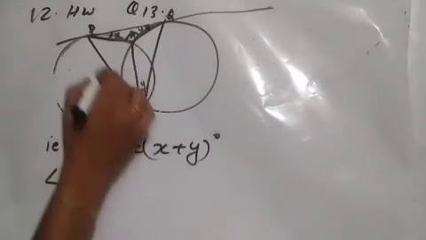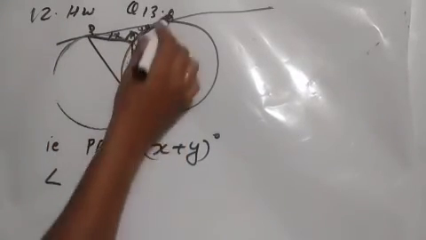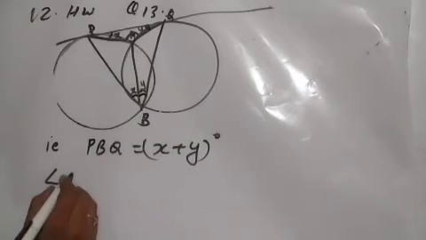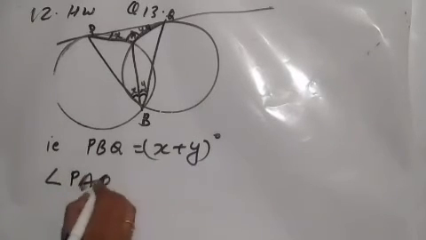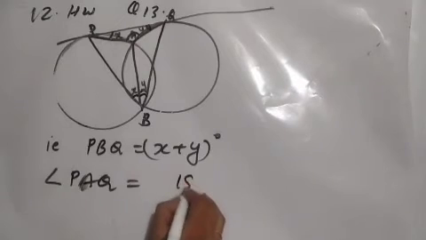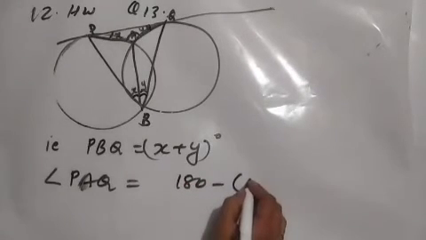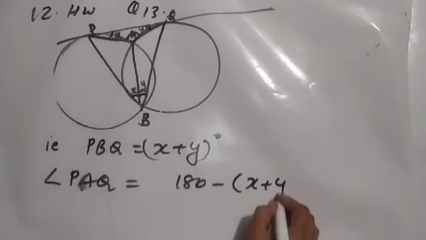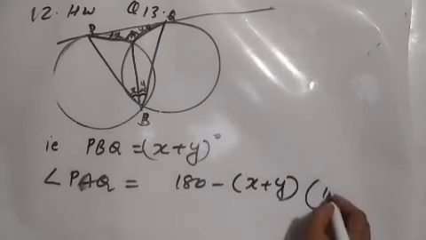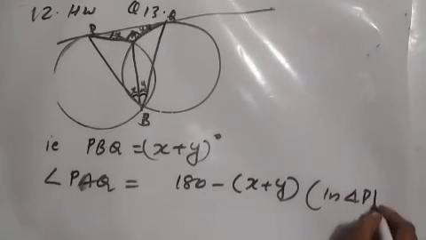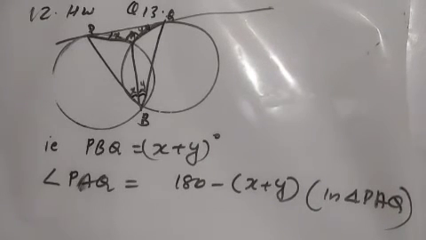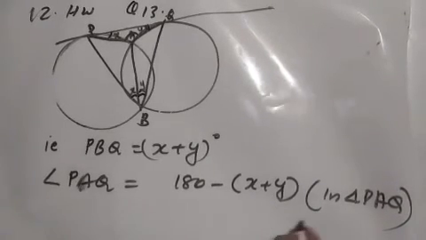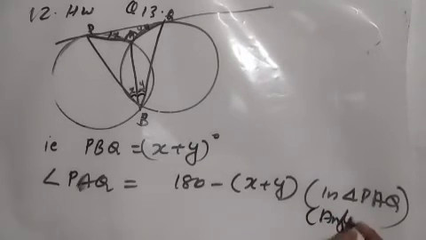PBQ means the sum of PBA and ABQ, that is x plus y degrees, and PAQ is equal to 180 minus (x plus y) in triangle PAQ. The third angle is 180 minus (x plus y). Angle sum property we apply.